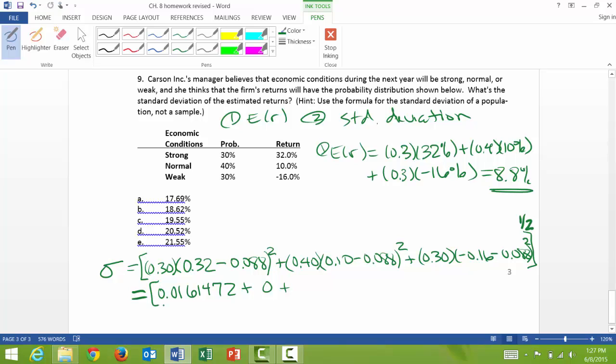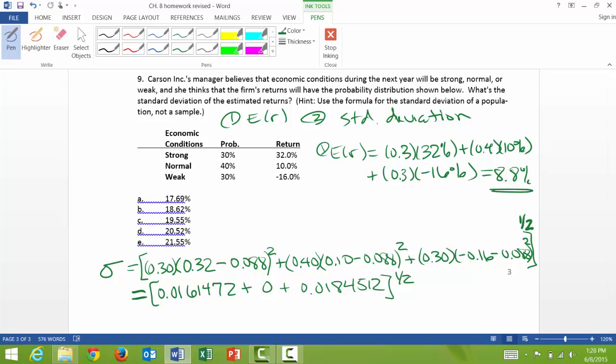And then the next one, we start with negative 0.16 minus 0.088, and I'll square that difference, and I get 0.0615 here, and I'll multiply that times 0.3, and I get 0.01845512. The reason I'm going out to so many decimal places is just in case they have a very precise number in the answer up here.